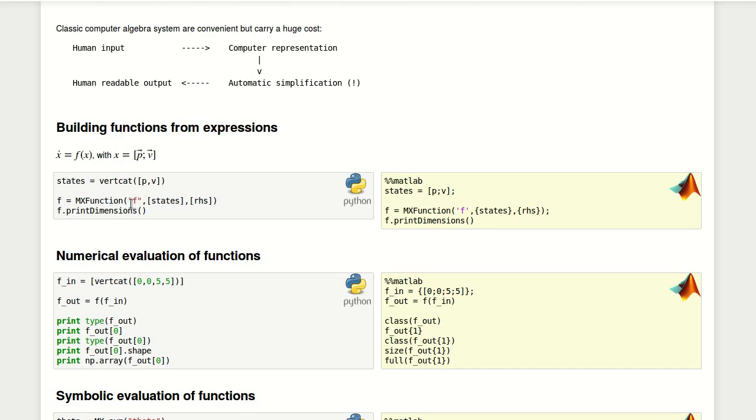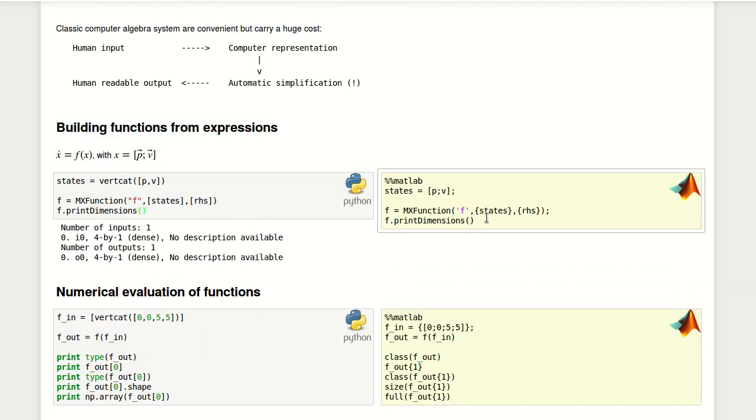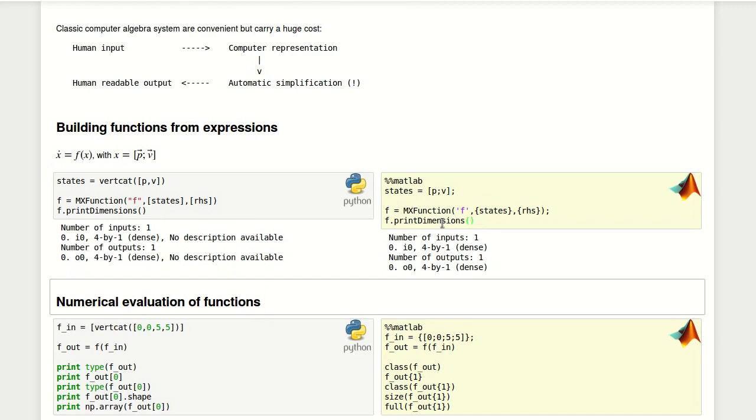We give the function a name, just a dummy label, and then we have a list of inputs of any length and a list of outputs of any length. In Python it's really a list. In MATLAB you encode it with the cell brackets, the curly brackets. So in our case we have a 4x1 input and a 4x1 output, the right-hand side.